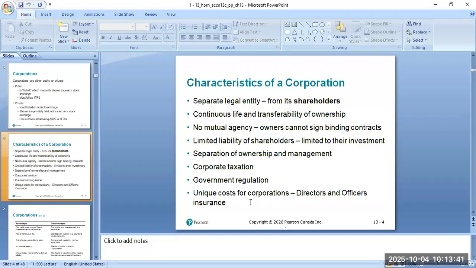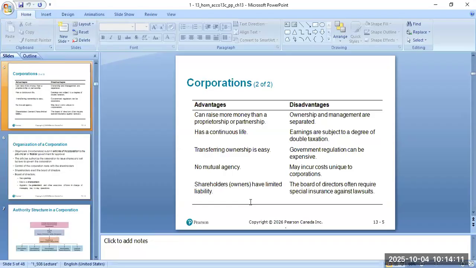Now, the corporation has to pay corporate taxes, has to follow some government regulations based on the business they're running, and they might have some unique costs of running the corporation, which might include insurance for the directors, for the officers, and for some other reasons which are specific only to corporations.